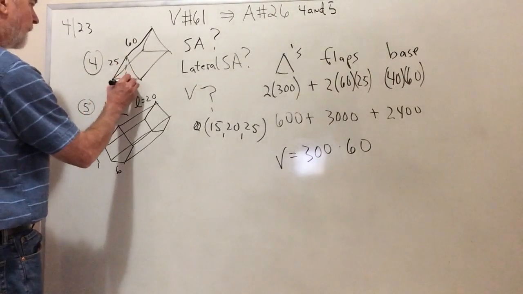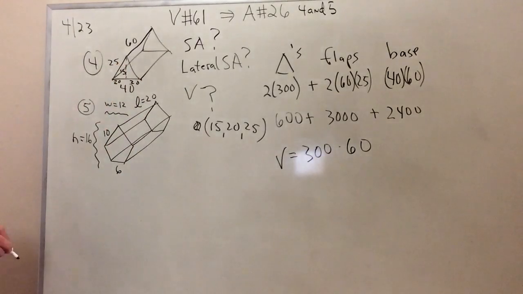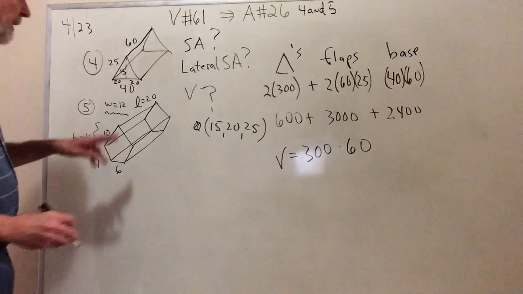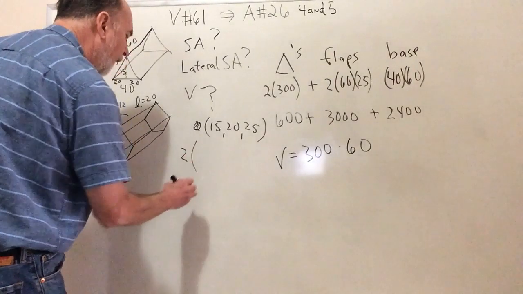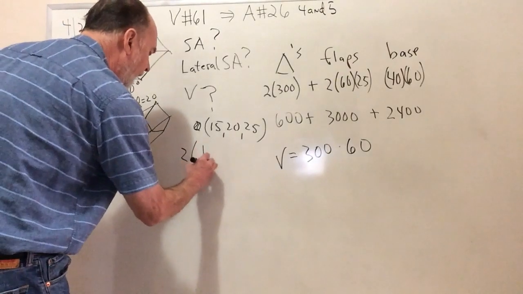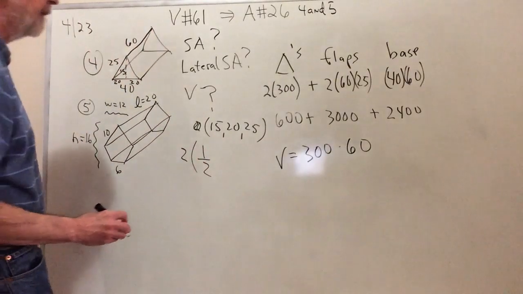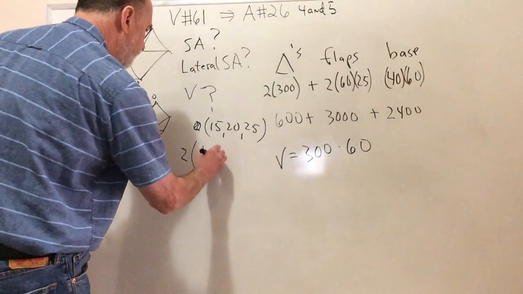That would be 20, 20, 15. You're in great shape, and that would make it 2, since it's surface area, the face here and the face here, times the area, which is 1/2 of 15 times 40.